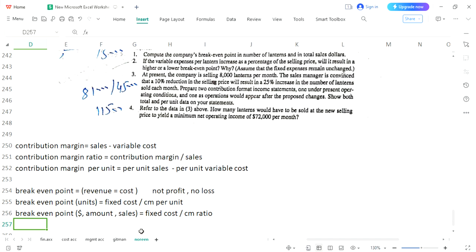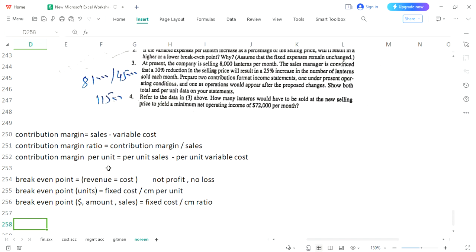So again, these are 6 very important topics, and you have also calculated your units under target profit. Please keep it in mind. You will use the same formula which was used for break even point in terms of units. You will use fixed cost and divide by CM per unit.